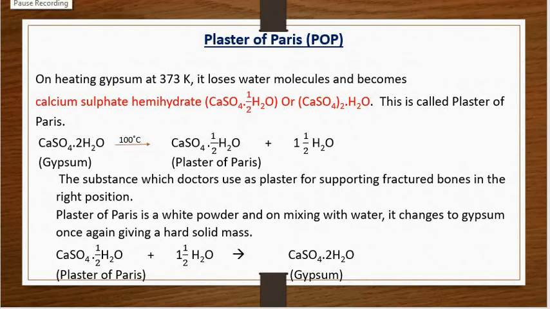Plaster of Paris is prepared by heating gypsum to a temperature of around 100 degrees Celsius, and when gypsum is heated, it loses 3/4 of its water of crystallization and forms plaster of Paris. During the preparation, heating of gypsum should be controlled carefully.